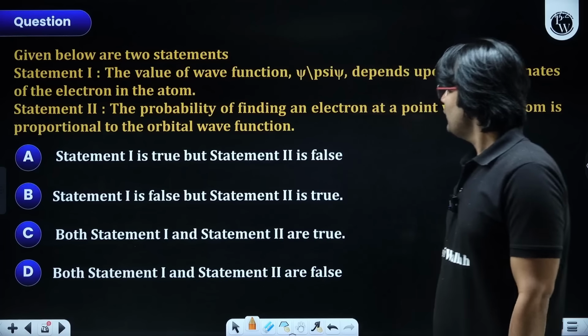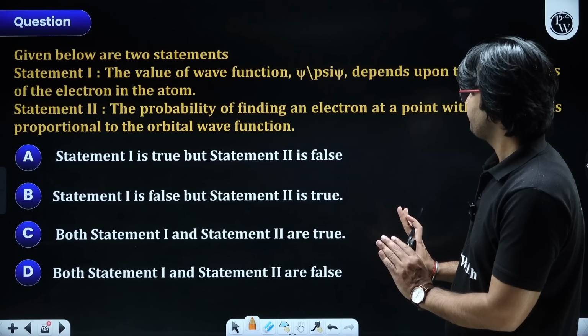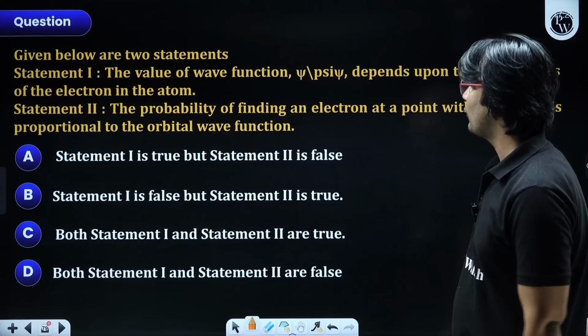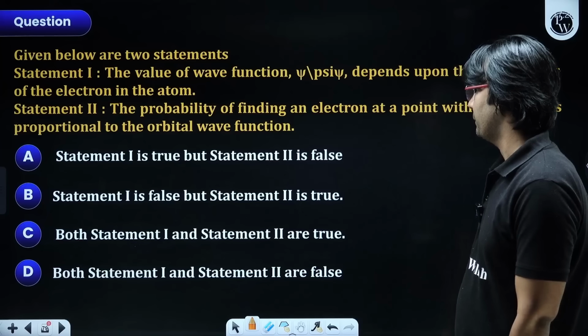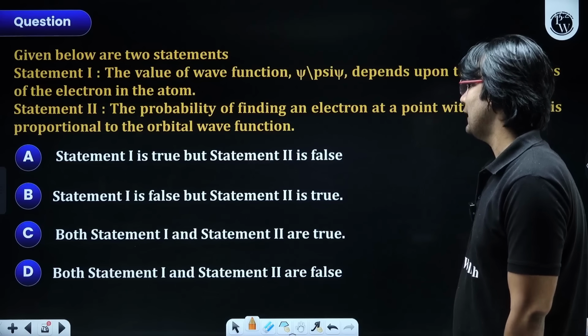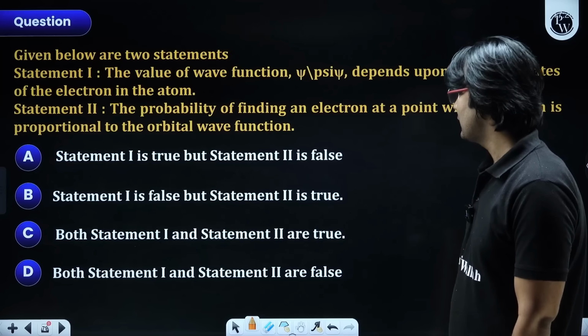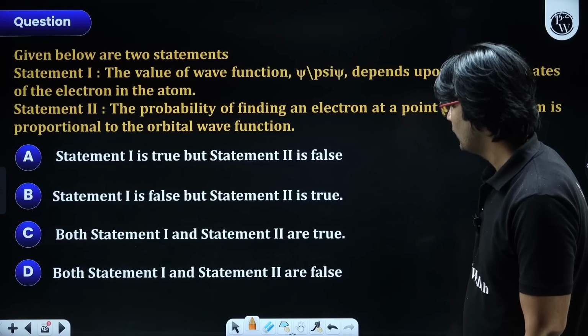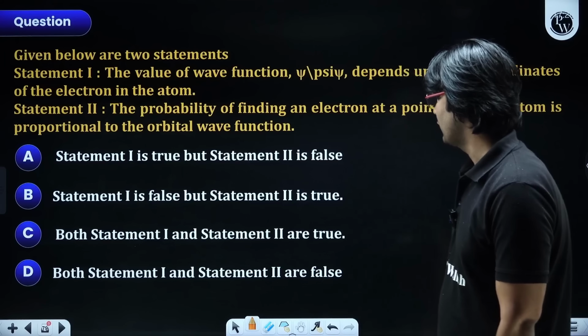Now, can we do this question, a statement based one? The value of wave function depends upon the coordinates of the electron in the atom. And the second statement is: the probability of finding an electron at a point within an atom is proportional to the orbital wave function, right?